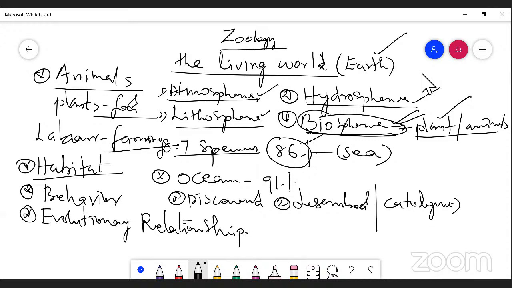If you want to understand the animal characters, we should assess them: habitat, behavior and populations, so we can improve animal populations.